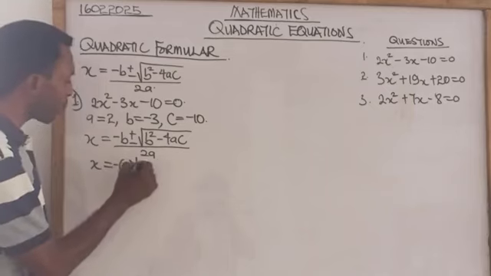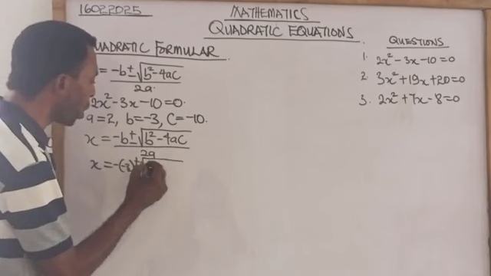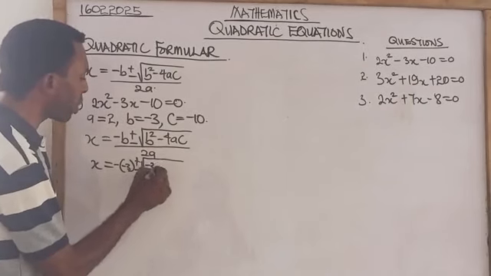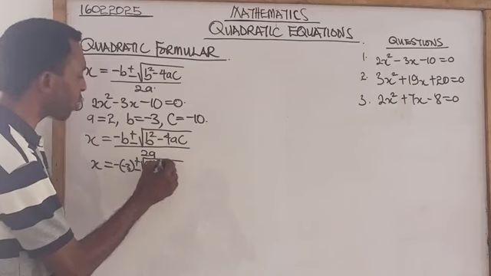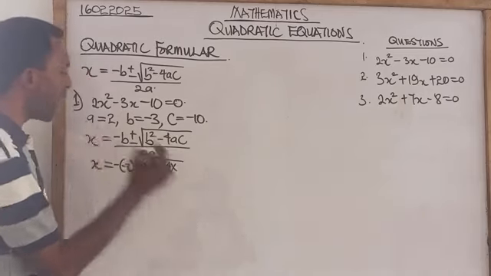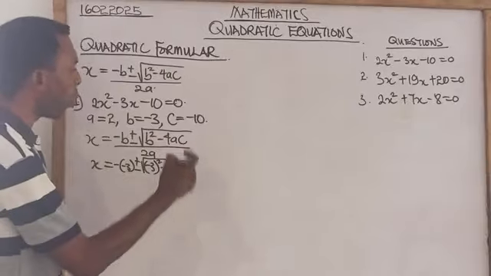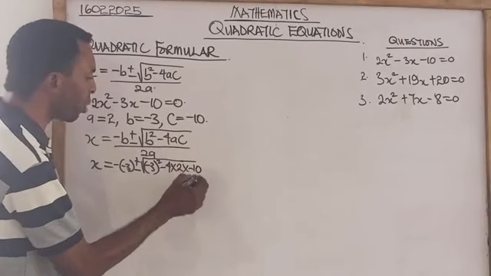So we have it like this, plus or minus the square root of, what's our b? Minus 3, bracketed and squared, minus 4 times the value of a, which is 2, multiplied by the value of c, which is minus 10.